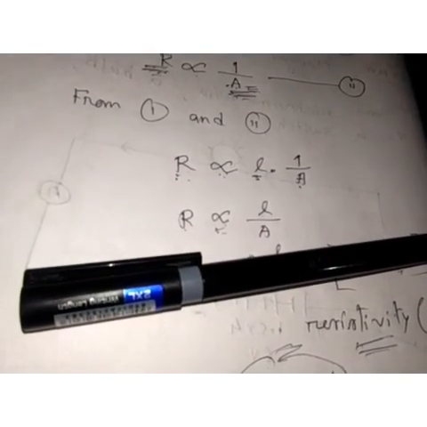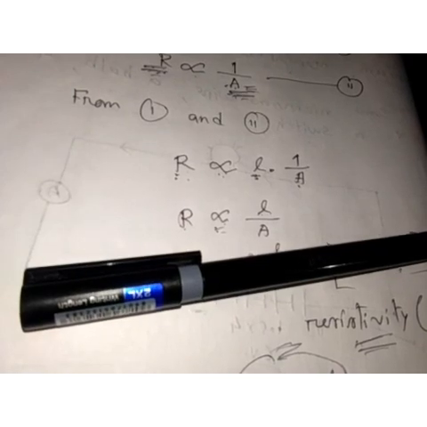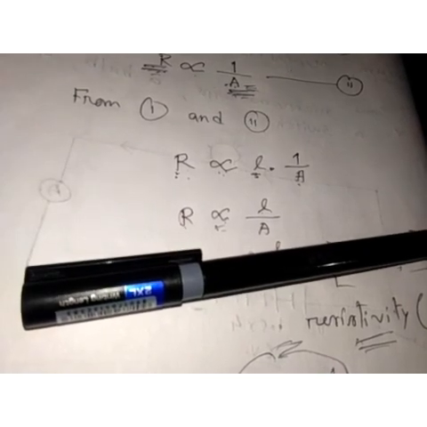Then there is also another factor: the resistance of a conductor also depends on the nature of the materials. Number 1, resistance of the conductor depends on the length of the conductor.